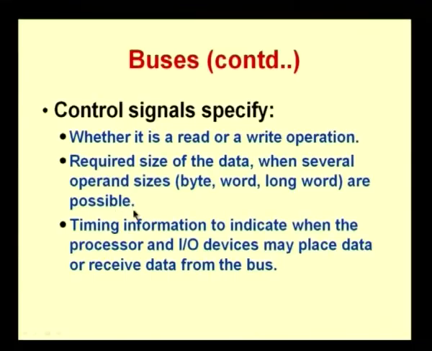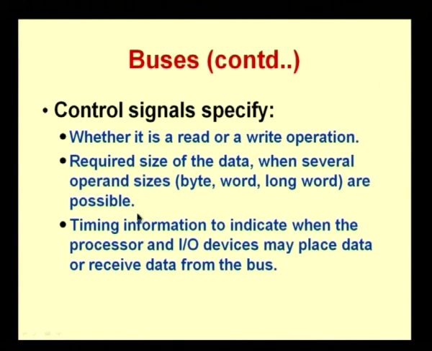Third thing that we need to look at is timing information to indicate when the processor and the I/O devices may place data or receive data from the bus. So, if you look at the way it is organized, you can see that the bus stands in between the processor and the I/O devices.